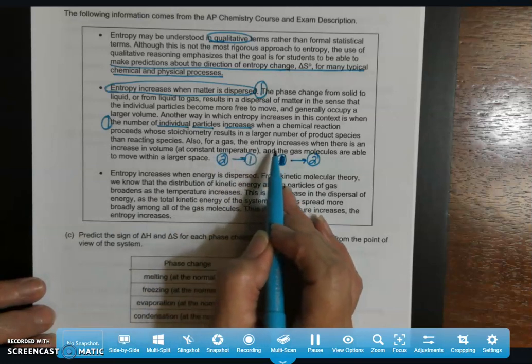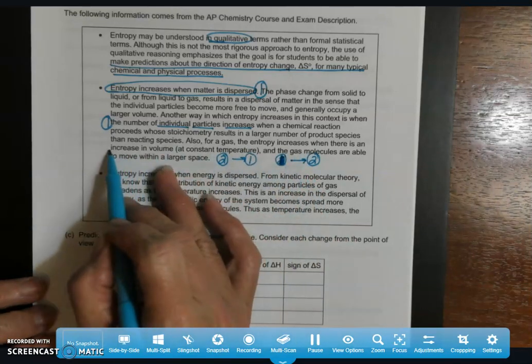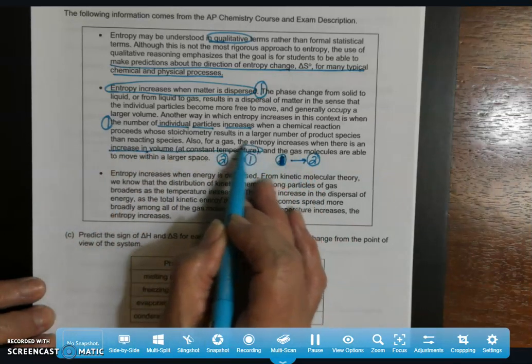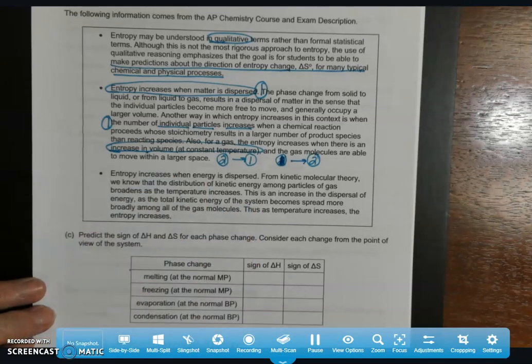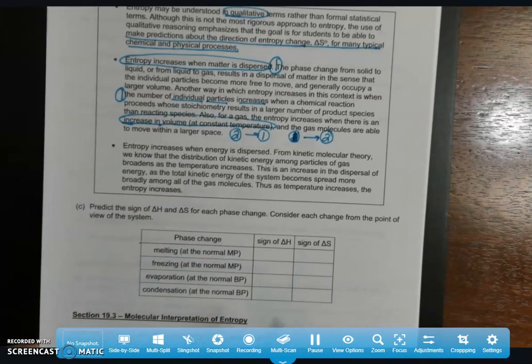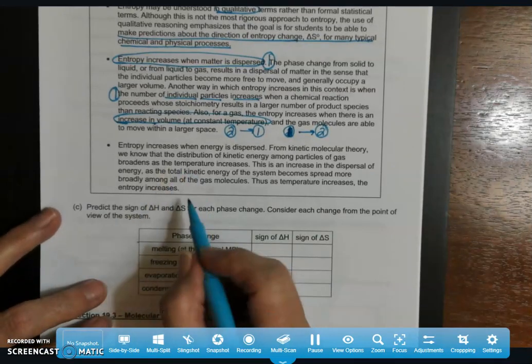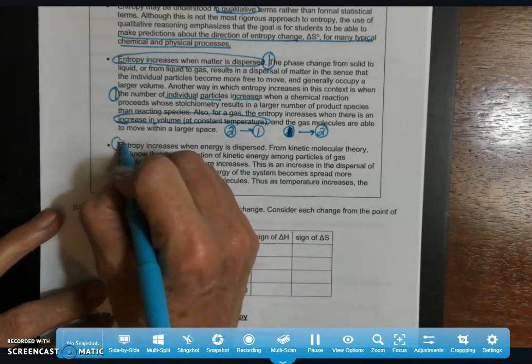Also, for a gas, the entropy increases when there's an increase in volume. Or you could say that the increase in volume indicates that there is an increase in entropy, and the gas molecules are able to move within a larger space. So it's an increase in disorder, an increase in randomness. Entropy also increases when energy is dispersed, right?